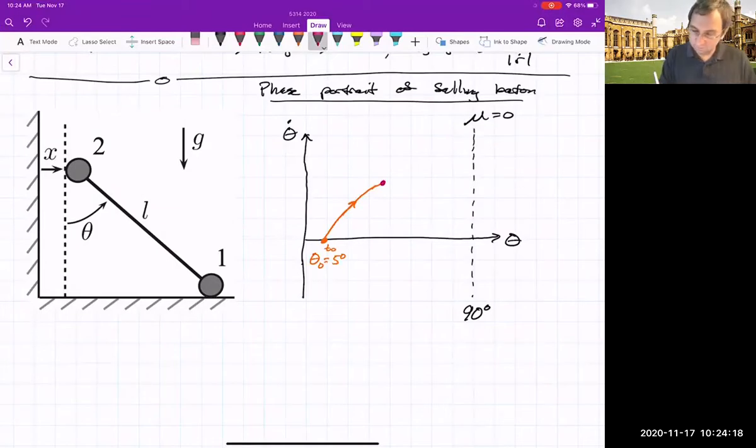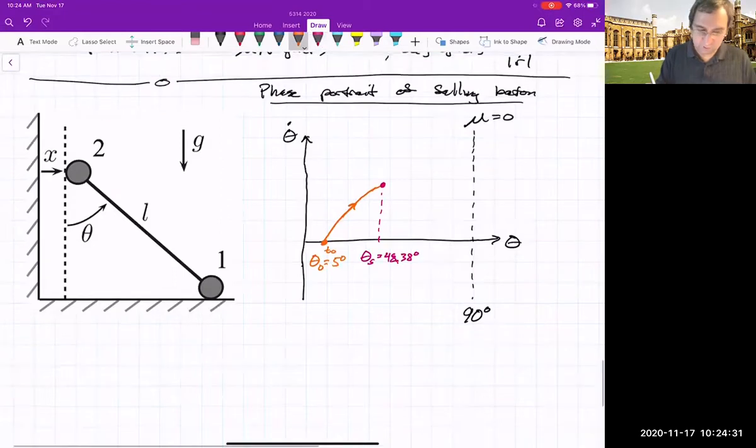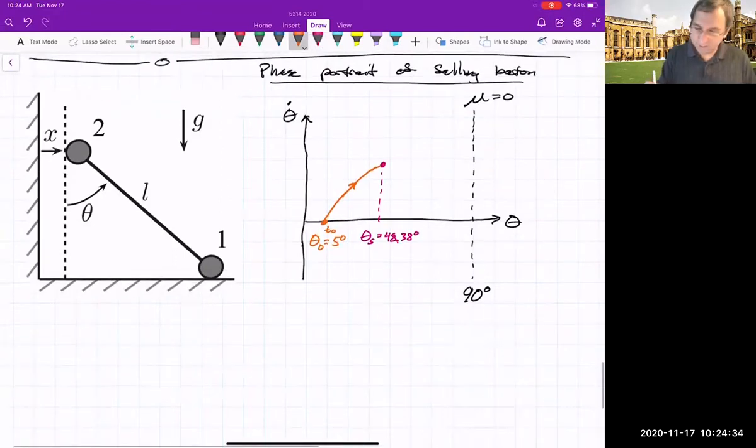The angle at which that happens, theta s, is about 48.38 degrees. And then this will keep evolving, and it'll actually be steeper until we hit the wall.